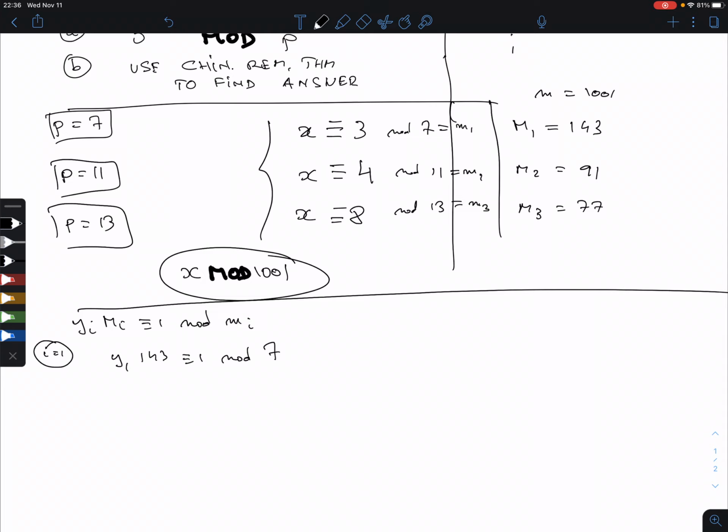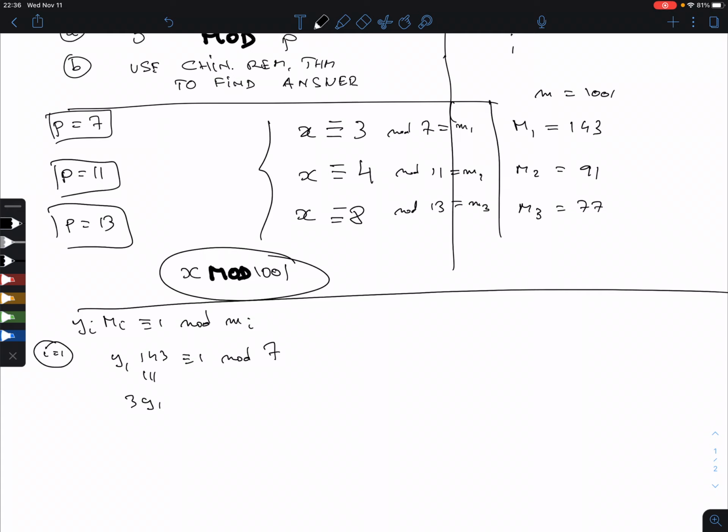But of course, first, what is 143, right? Well, 143 is the same as 140 plus 3, so this is equivalent to 3 times y1 mod 7. And so 2 times 3 is 6, 3 times 3 is 9, 3 times 4 is 12, 3 times 5 is 15. That is equivalent to 1.